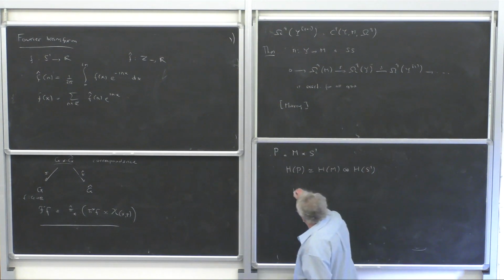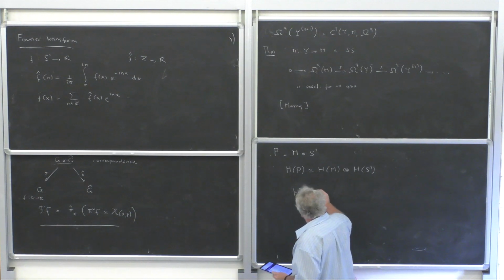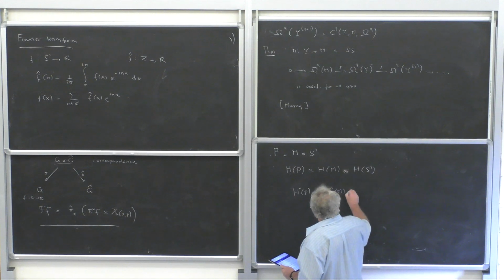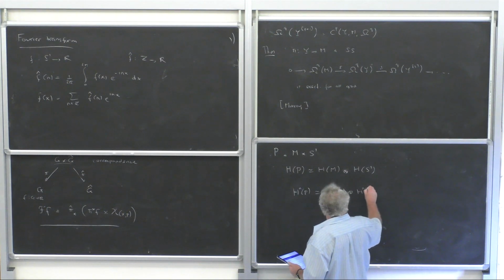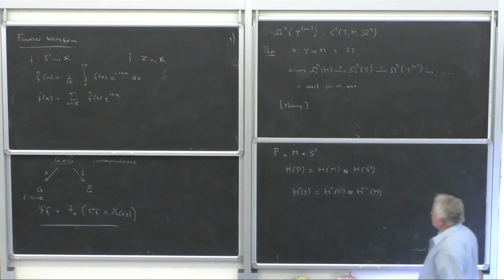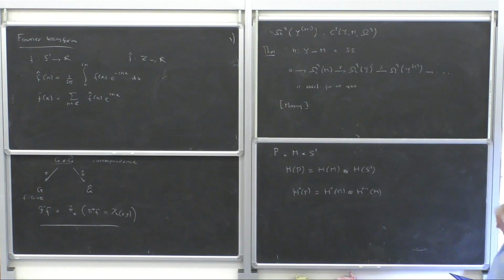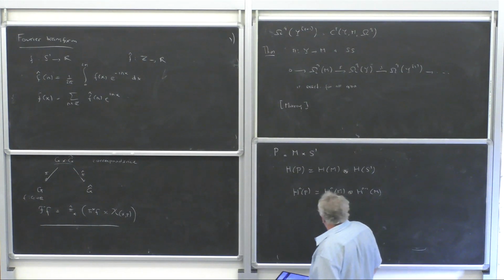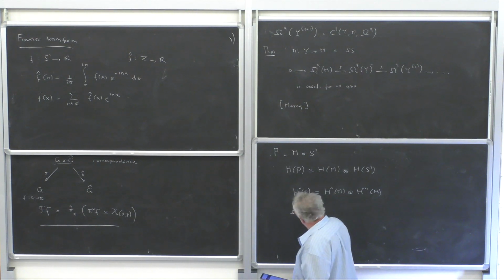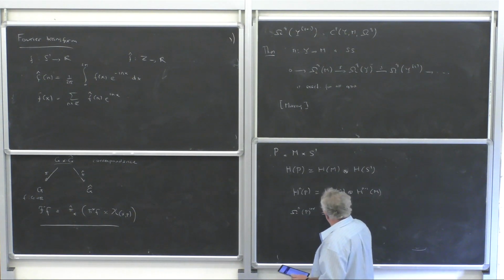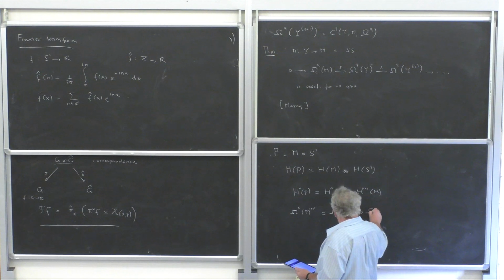Or in fact, if you put in degrees, Hn of P is isomorphic to Hn of M plus Hn minus 1 of M. And that's because the cohomology of S1 is sitting only in degree 0 or 1. And in fact, you have a similar decomposition on the level of invariant forms, invariant under the action of S1.